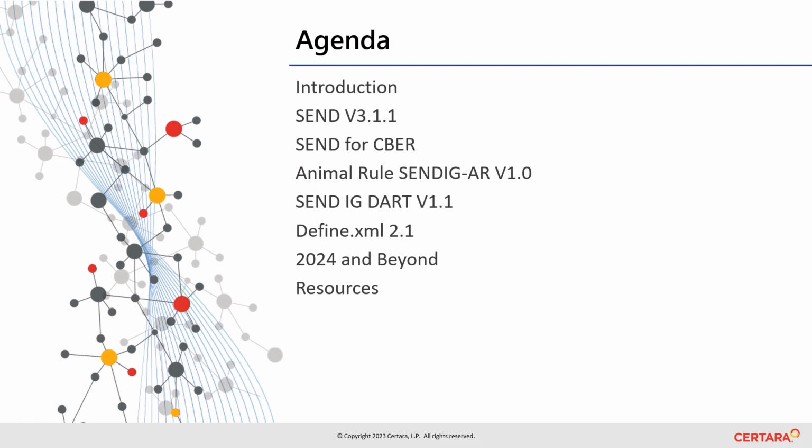In today's session, we'll be covering updates to the SEND standard for this year, 2023, and what those changes mean for staff that produce SEND datasets, and also the scientists that use SEND formatted data to analyze and interpret study results.